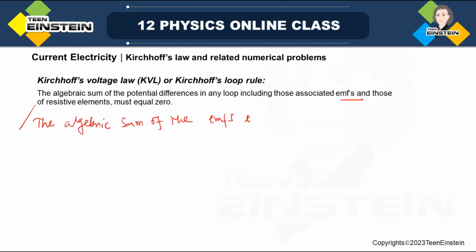in any closed loop is equal to the voltage drop across various resistive elements.